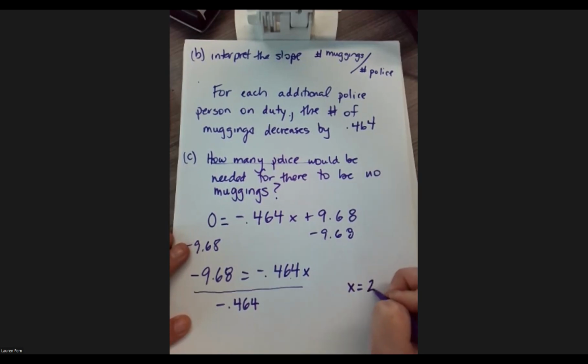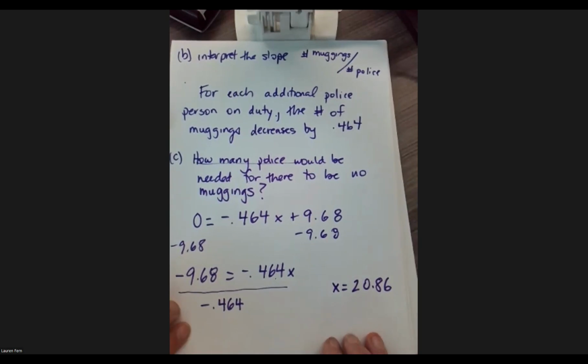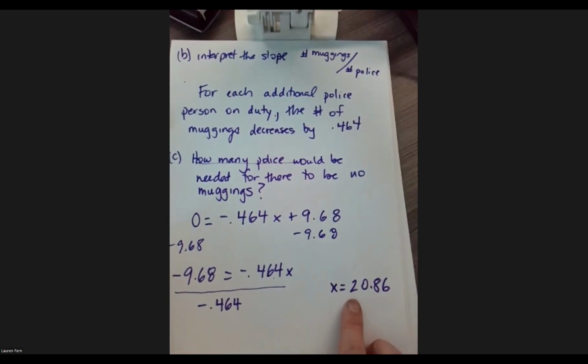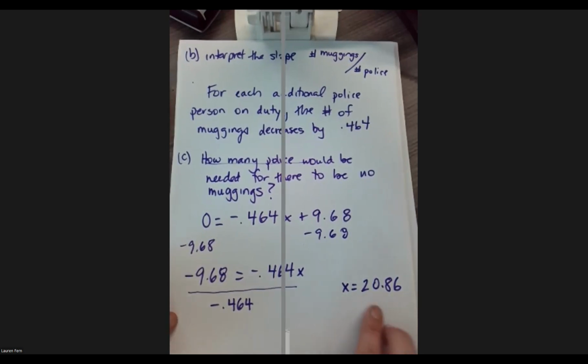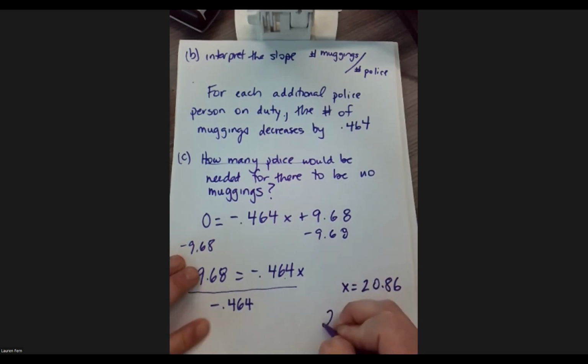If you do that, you're going to get about 20.86. So again, we need to interpret this in the context of a word problem. 20 police are not enough. So in this case, you would say 21 police people.